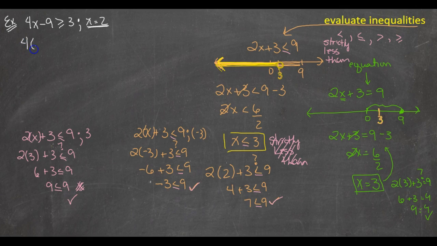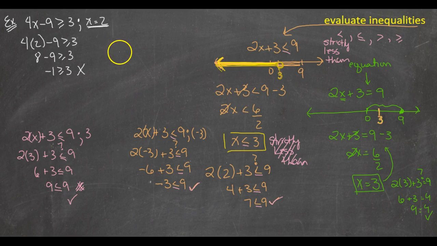So 4 times 2 minus 9 greater than or equal to 3. 4 times 2 is 8 minus 9 greater than or equal to 3. 8 take away 9 is negative 1 greater than or equal to 3. Is negative 1 bigger than 3? It is not. Is negative 1 equal to 3? It is not. So this is not a solution to the inequality I started with. So x is 2 is not a solution.